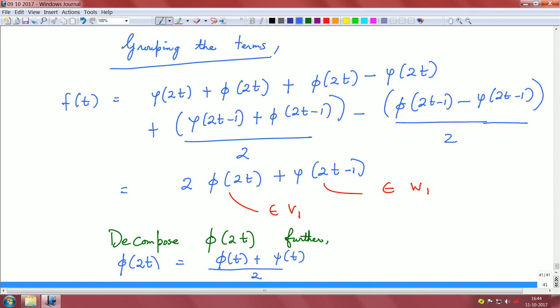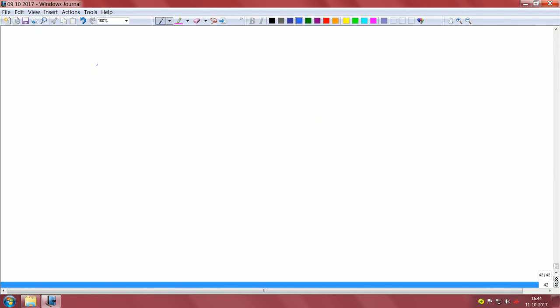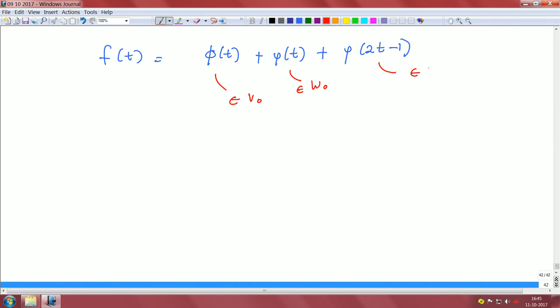Now, we plug everything together, right, and then we land up with f of t is phi of t plus psi of t plus psi of 2t minus 1. And if you see the spaces, this belongs to V0, this belongs to W0 and this belongs to W1.